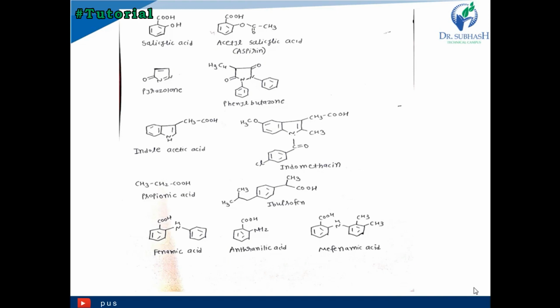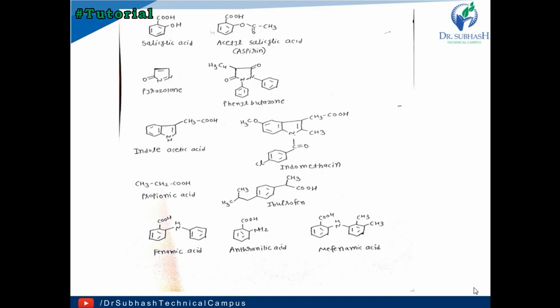On both the nitrogens, phenyl rings are attached, and butazone means the side chain having 4 carbons, C4H9. That's why it is butazone. And 'one', O-N-E, means another extra oxygen is on the 5-membered ring. This will be the structure of phenylbutazone.